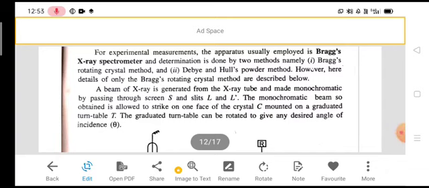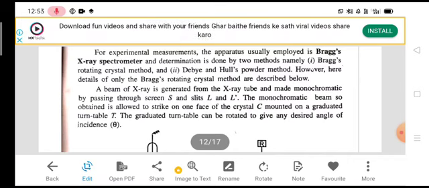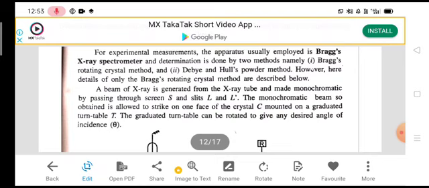In the last class, we discussed the derivation of Bragg's equation. Today, I want to discuss the use of Bragg's equation. By use of Bragg's equation, we can determine the structure of solids or crystals.